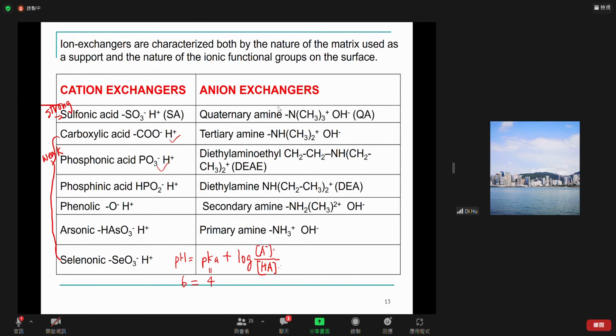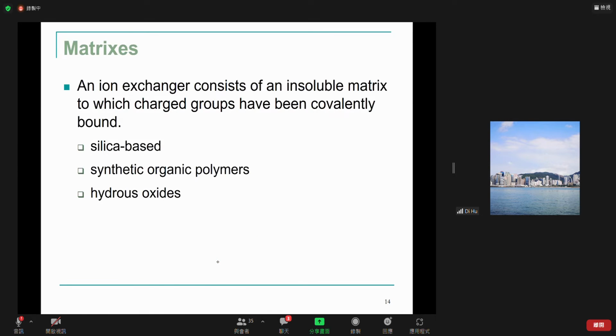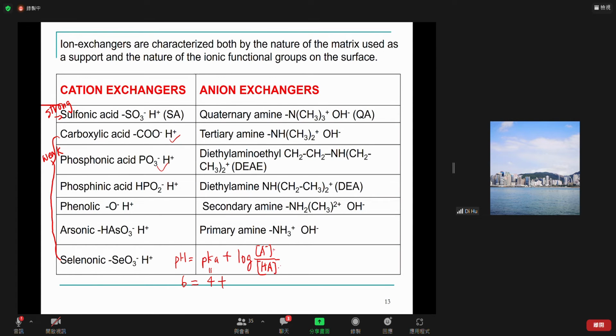Because pH minus pKa equals plus 2, that means log of conjugate over acid form equals 2. And that means the ratio is 100, right? So 100 means it's mostly in the charged form.